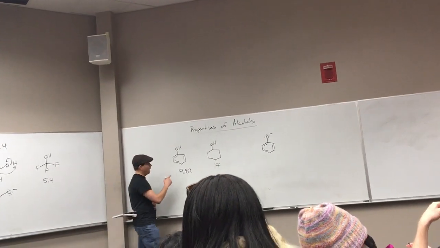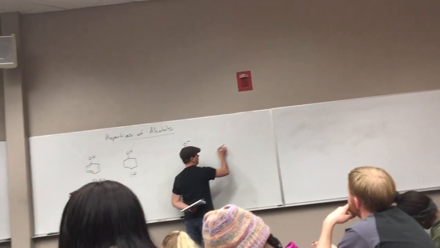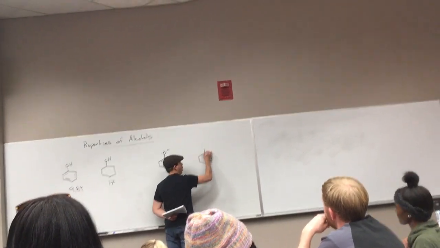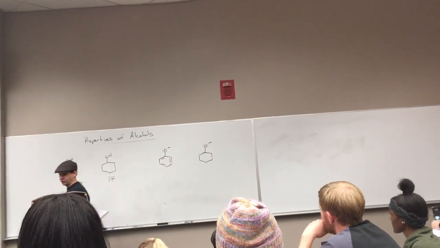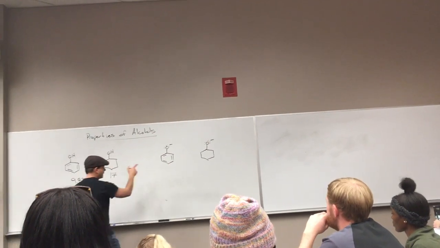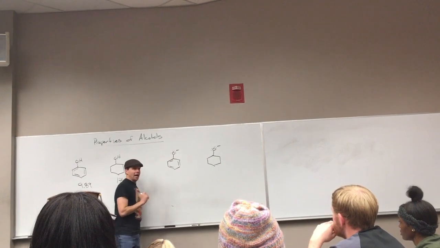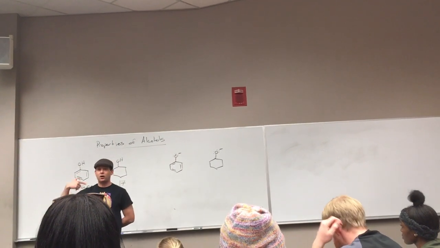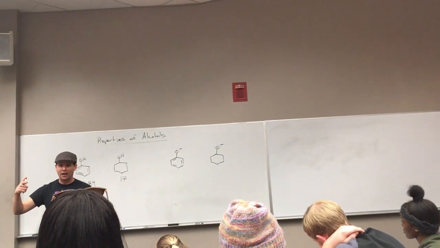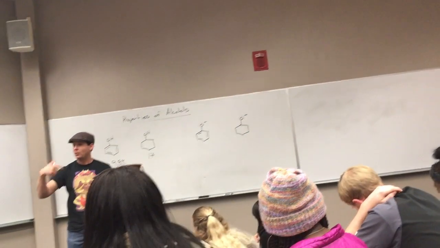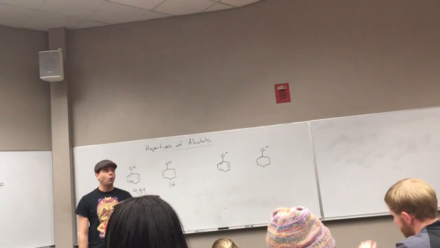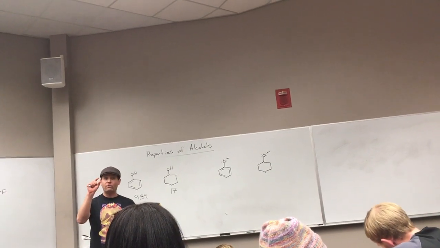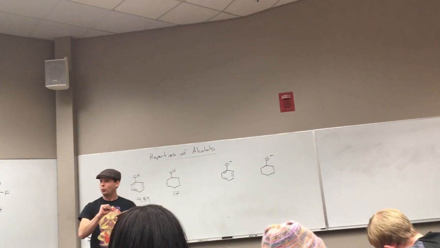Because rather than generating a compound like this one, where all of my negative charge in my conjugate base is stuck on that oxygen, this conjugate base can distribute that negative charge across the entire framework of the molecule through resonance. What happens when we distribute a formal charge across a framework? It makes the molecule more stable because you're no longer forcing that negative charge to live in a single place.